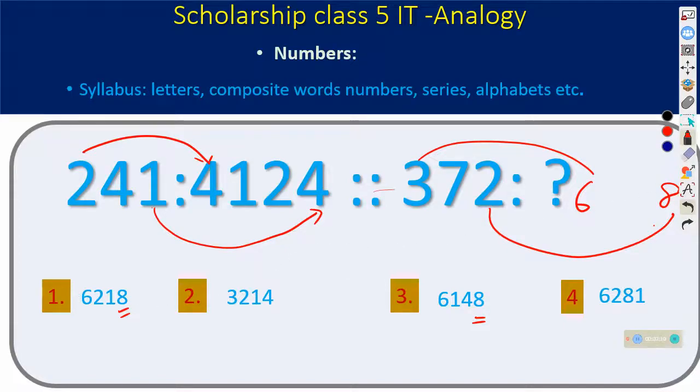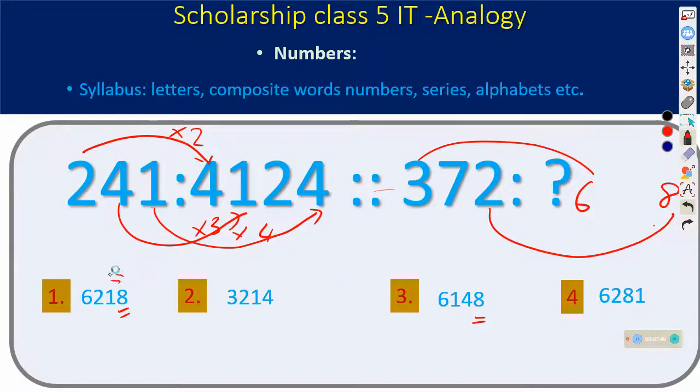Now the option is 6 and 8 is marked, 21 and 14 here. 4 became 12, into 3 it is, this is into 2, this is into 4. 2, 3, 4. So in that case 7, 4 became 12 means it multiplied with 3 and 1 multiplied by 4. So here 7 should be multiplied with 3, so it will become 21.